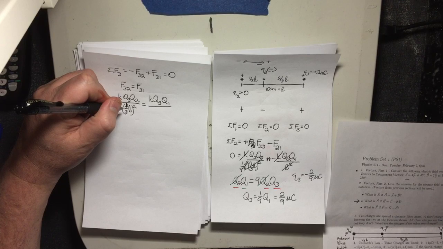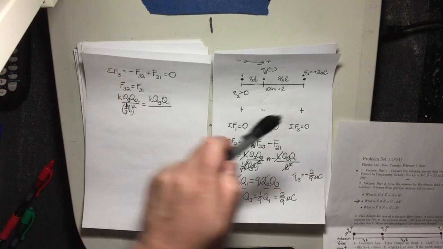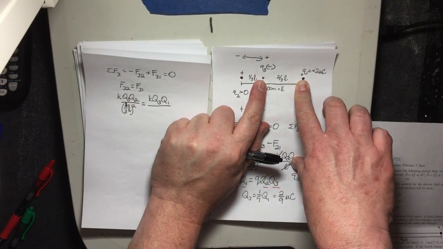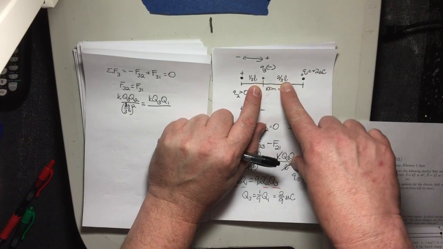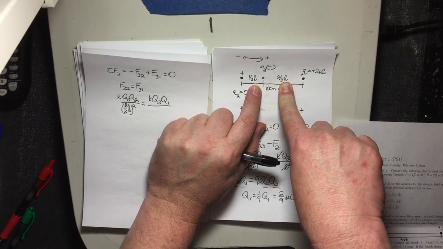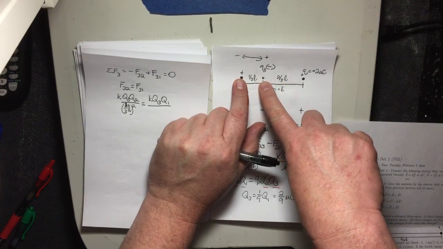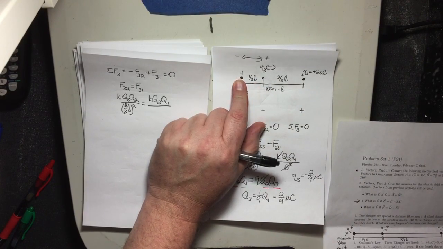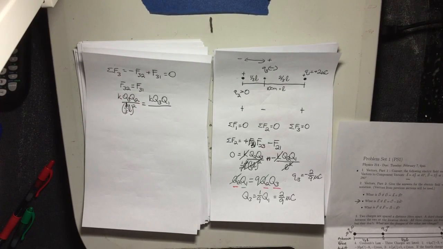Why is the force on 3 by 1 positive? Because these are differing charges, so it's a pull. This one is going to pull this one to the right. Forces to the right are positive. This one is going to pull 3 to the left. Forces to the left are negative. That's why there's a negative sign there and a positive sign there.